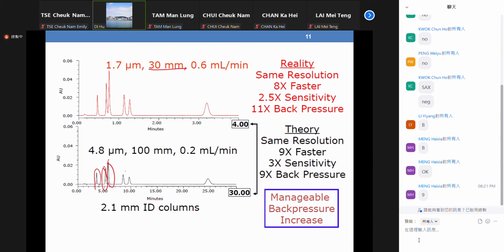I'm fine with this resolution, and by decreasing the particle size, I can achieve the same resolution in much faster time. The time just decreased from 30 minutes to 4 minutes, about 9 times faster.